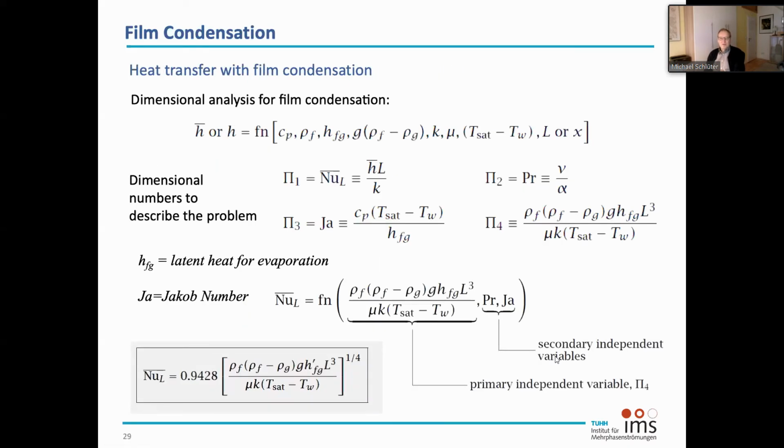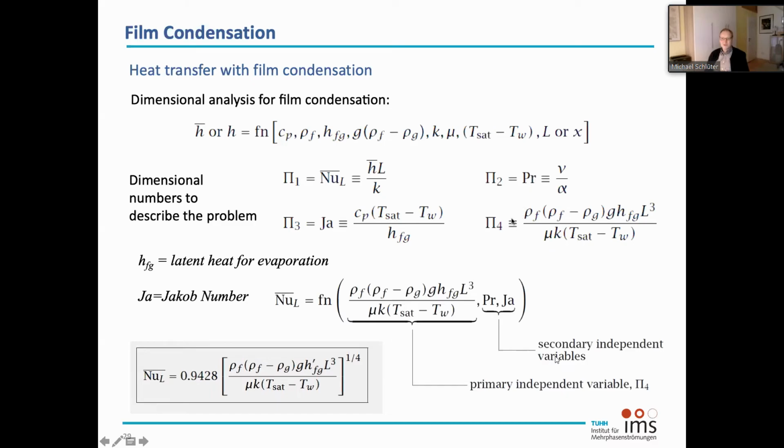Good, so we have almost done with the correlation that helps us to calculate the condensation. Here we need one more additional dimensionless number that gives us the ratios in these condensation processes, the so-called Jakob number. And let's have a look at how it looks. This comes from the dimensional analysis.